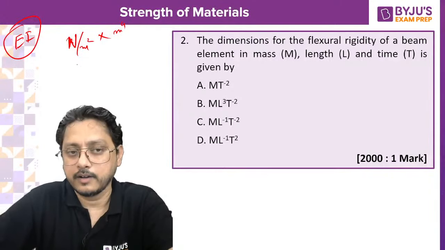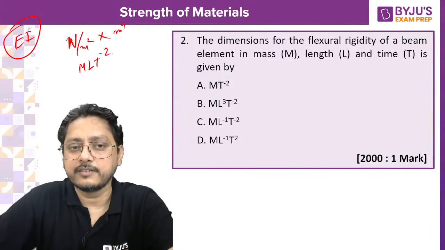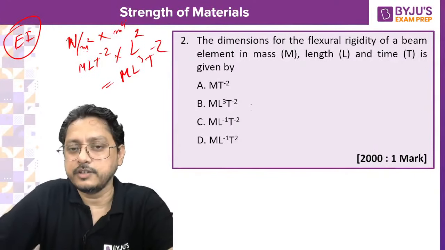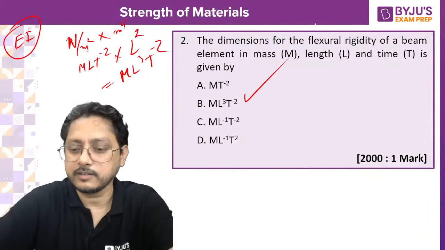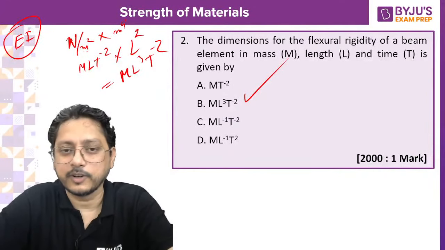Force is M L T minus 2, and this is meter square, and meter 4 gives L raised to 2. Finally, you will get M L3 T minus 2. Easy questions sometimes they used to ask, although it was for 1 mark only.